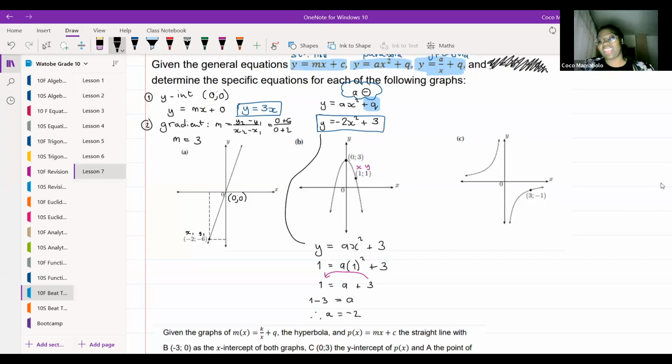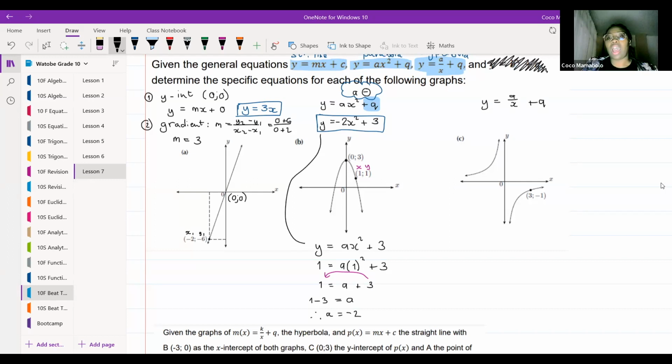Now let's look at this last one very quickly because we're going to run out of time. All right, so we know this is a hyperbola, and we know a hyperbola is y is equal to a over x plus q, right? And we've been given a point over here.